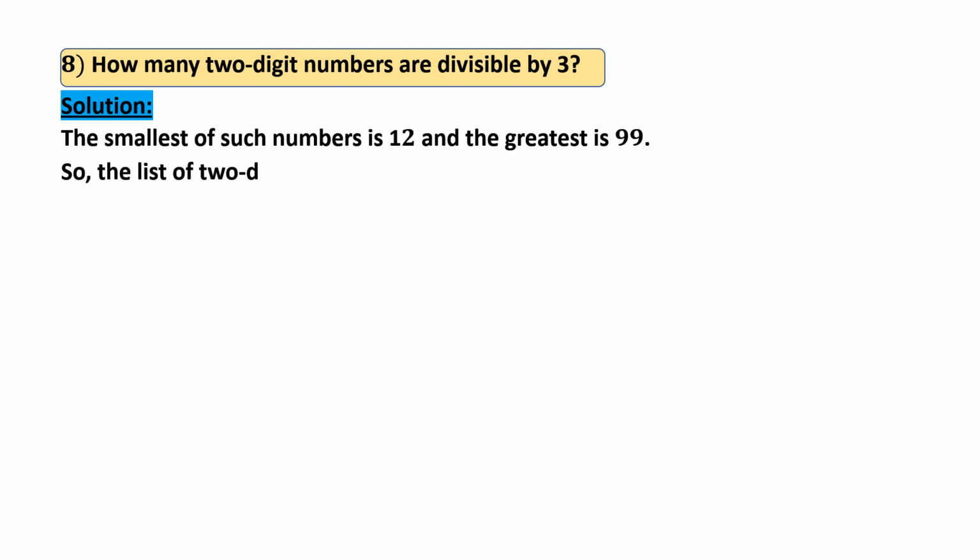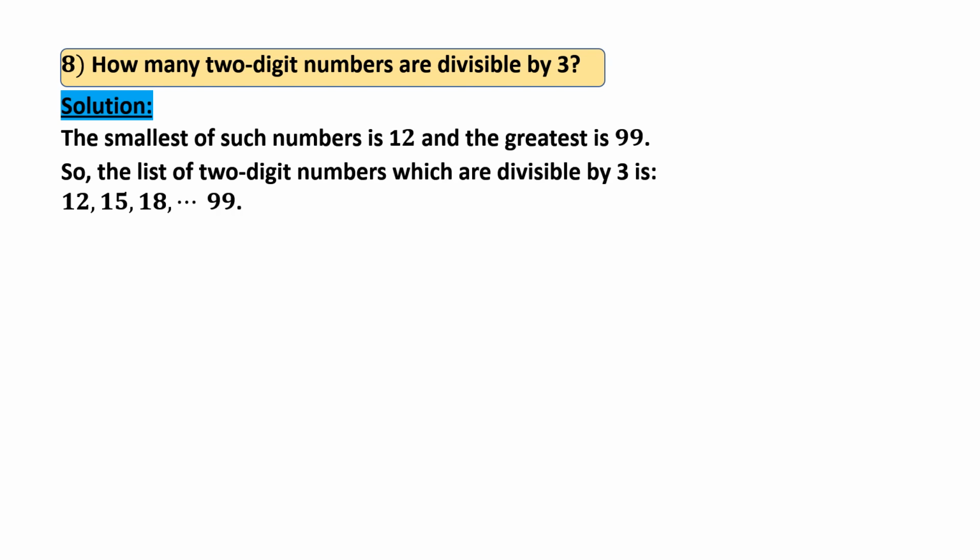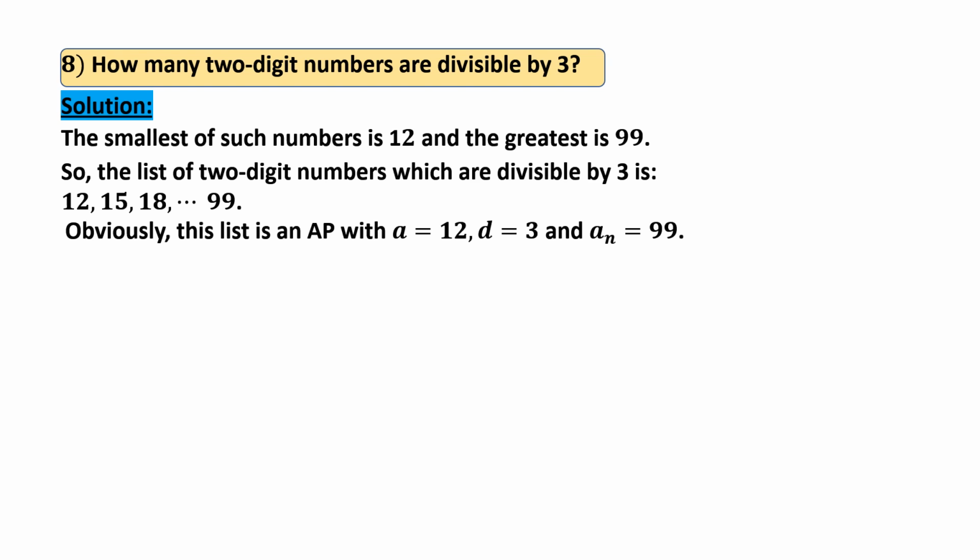So, the list of two-digit numbers which are divisible by 3 is 12, 15, 18 and so on up to 99. The last number is 99. Obviously, this list is an AP with A equals 12, D equals 3 and AN equals 99. We need to find N.